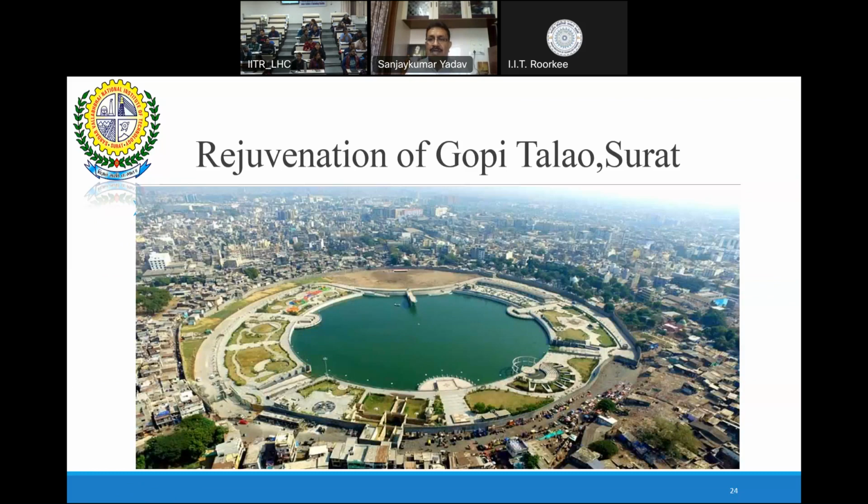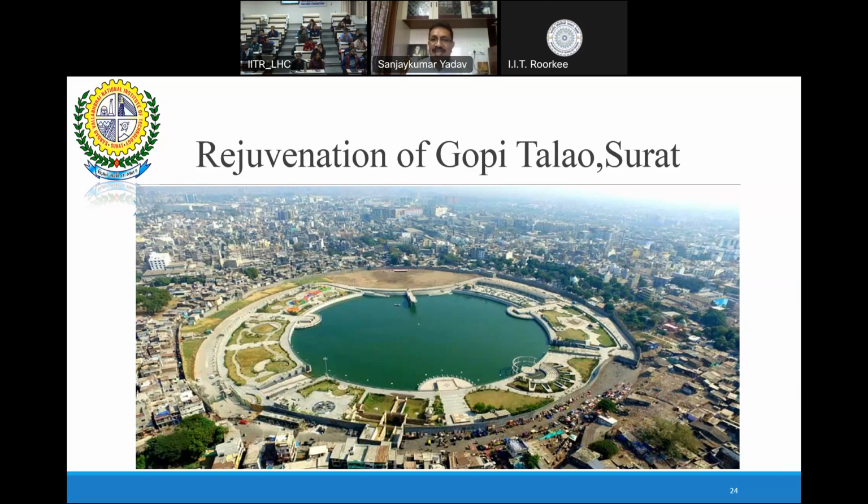And sir, this is the urban pond rejuvenated by Surat Municipal Corporation, incorporating all engineering aspects and facing challenges right from shifting of people to land acquisition.